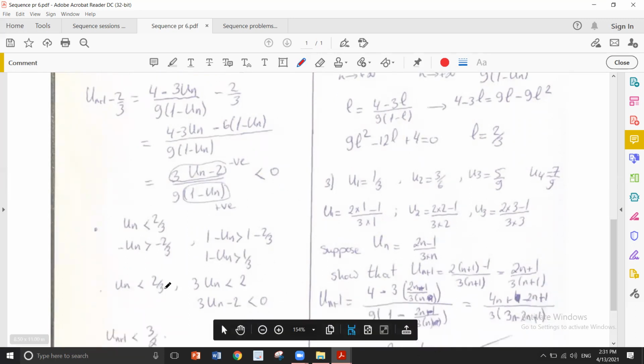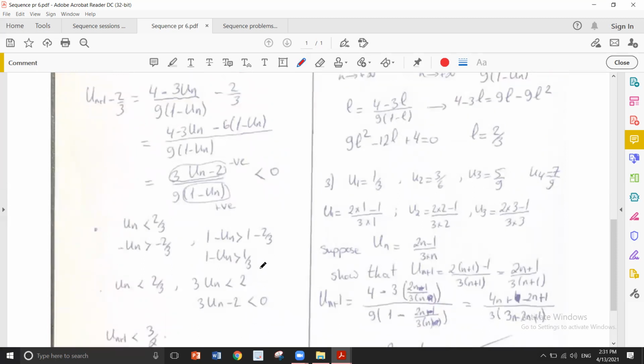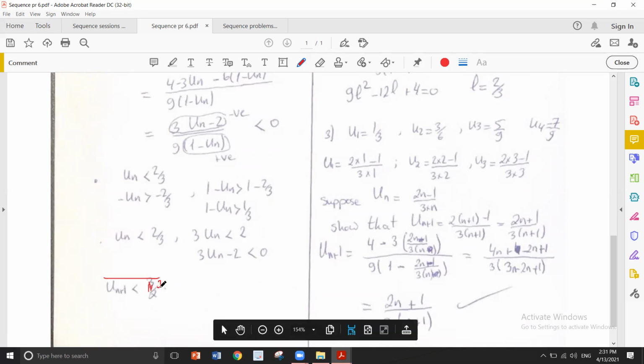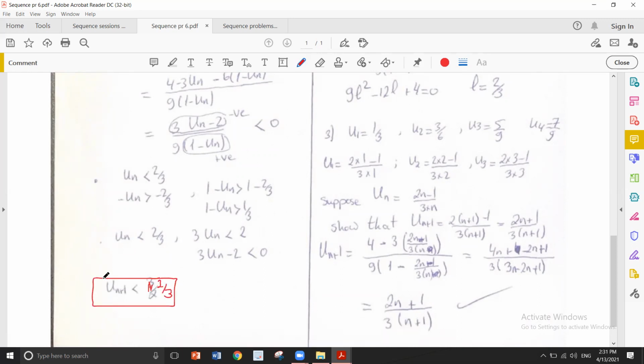For the numerator, un less than 2 over 3, cross multiplying 3un less than 2, meaning 3un minus 2 less than 0. This is negative and this is positive, so we get negative. So un plus 1 is less than 2 over 3, and 2 over 3 is an upper bound of the sequence.